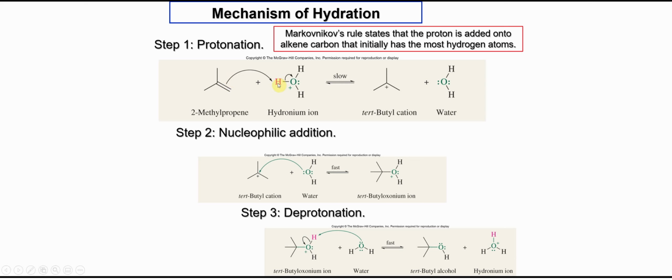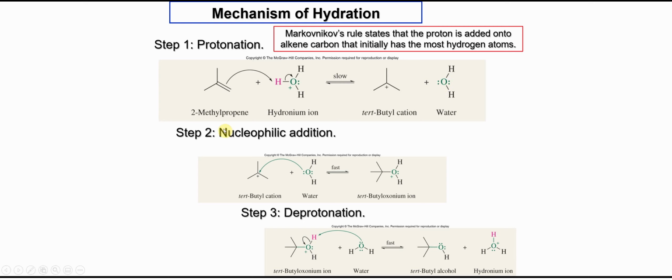Therefore, the hydrogen leaves as a proton to bond with this carbon, and then you form a tertiary carbocation. This carbon becomes positively charged. Because you lose a proton, this hydronium becomes a water molecule with 2 electron lone pairs in your oxygen p orbitals.